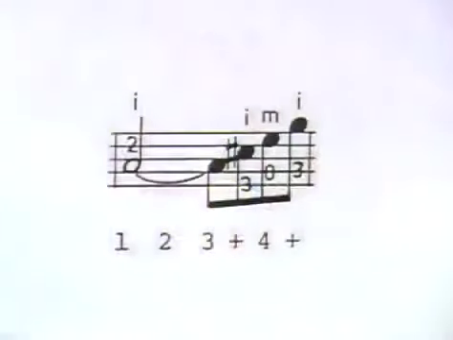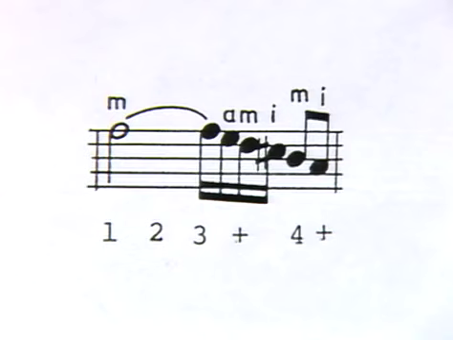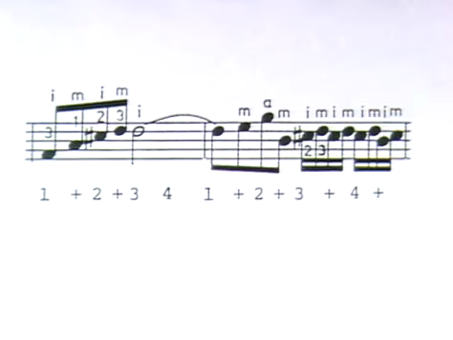Bar 7, we have an example similar to the first bar, the half note tied to the 8th notes. The next bar after that, bar 8, we get the half note tied to the 16th note idea. In bar 11, we have a tie which goes across the bar line.